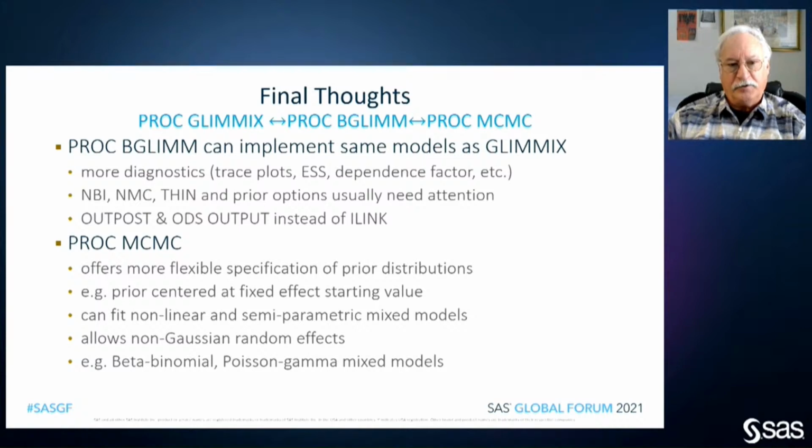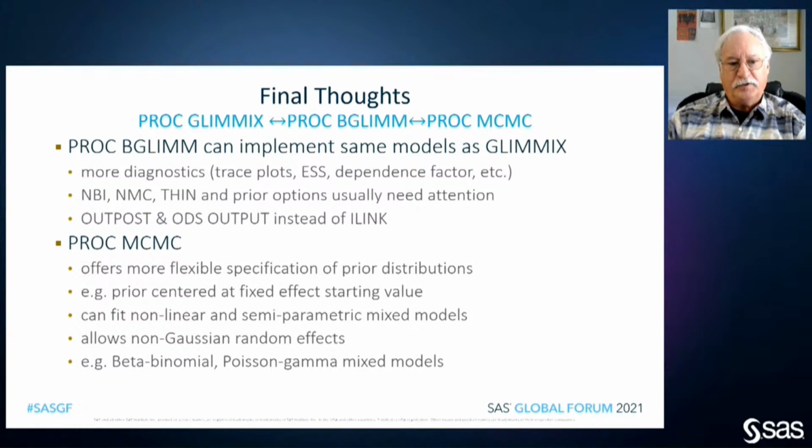Of particular note is that when we worked with the priors in the Beitler-Landis example, we could either do the constant or the normally distributed prior that was centered at 0. In PROC MCMC, you can center that prior at the fixed effect starting value, and often that's really a helpful thing to be able to do.